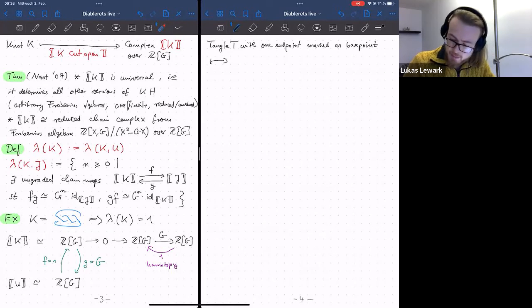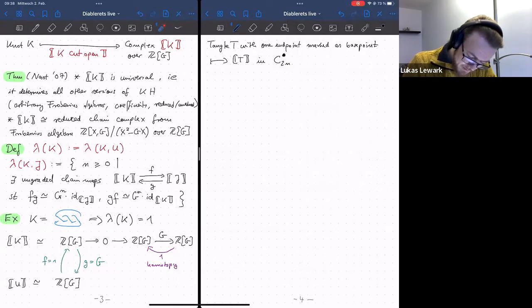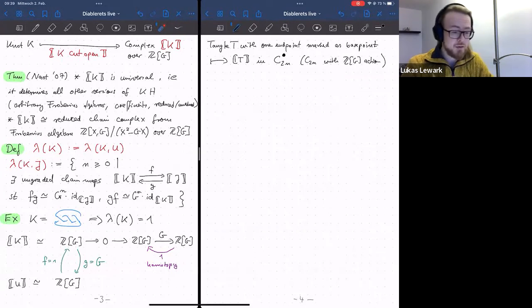And I claim if you do that, then you get a ZG action on the complex of this tangle. So you get the complex and this tangle in a new category C2N dot, which is C2N with a ZG action at the base point.